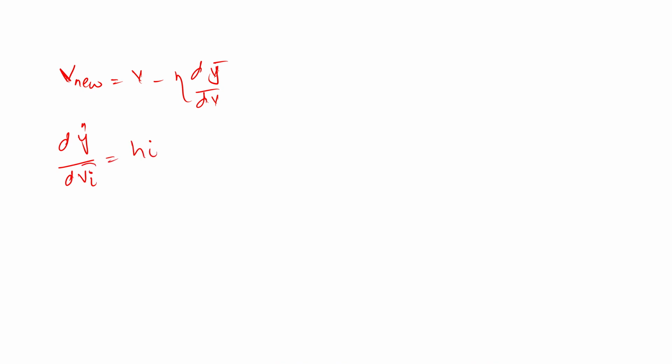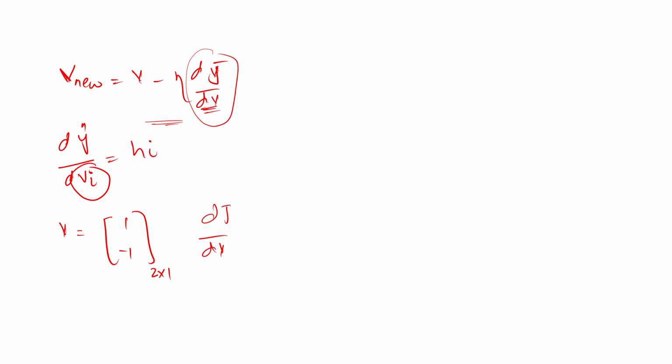If you look closely, we have vi here and we have a vector here. Don't get confused by this. It is actually the same thing. V is a vector, as you will see in this example. So when we solve the right hand side, we have to match this dimension. For example, we have a vector of 2 by 1, so dJ by dv will also be a 2 by 1 vector.